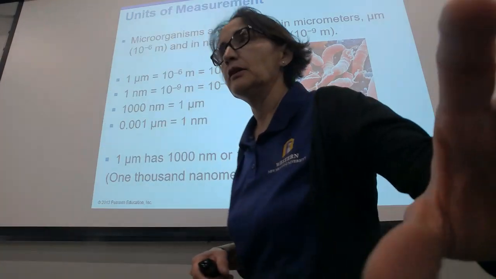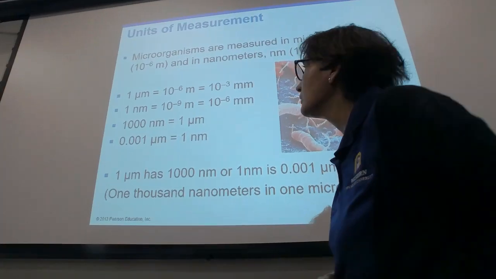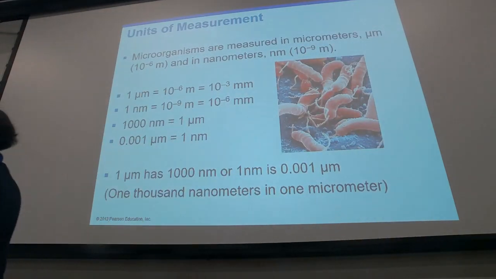So let me change this a little bit. An exercise of how to measure. Again, these are the 2 units that we use the most to measure these small objects in microscopy, micrometers or nanometers, which is 10 to the minus 9 meters or 10 to the minus 6.